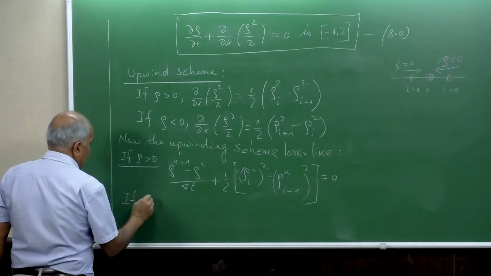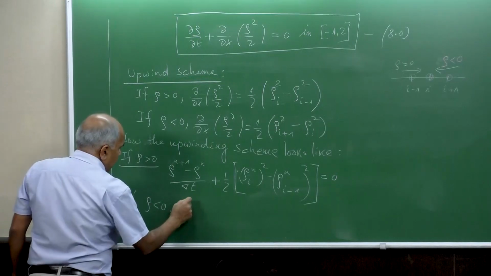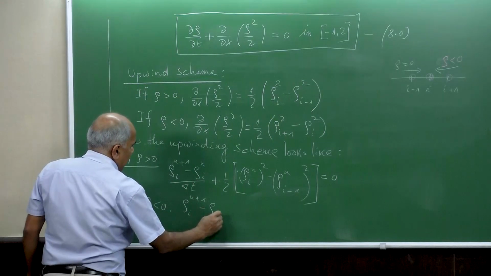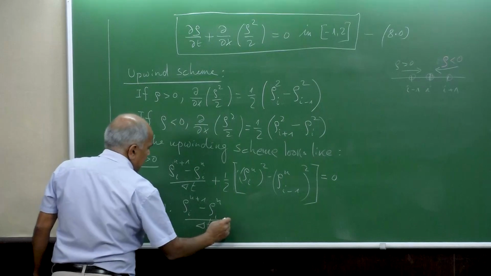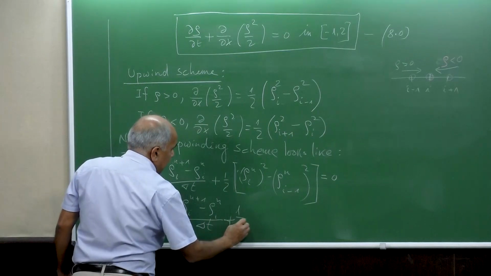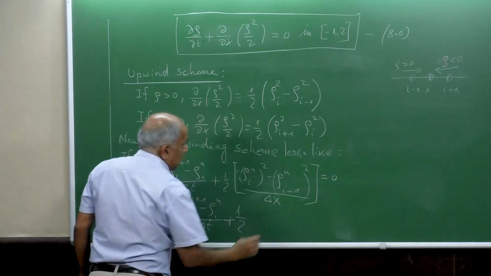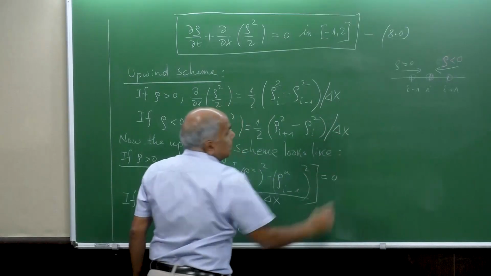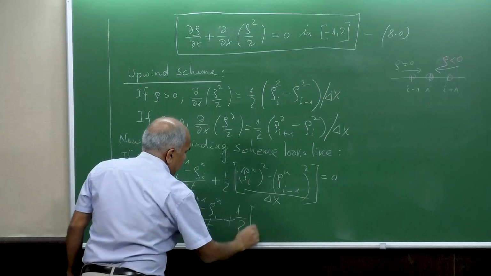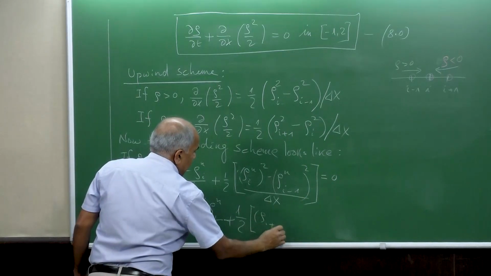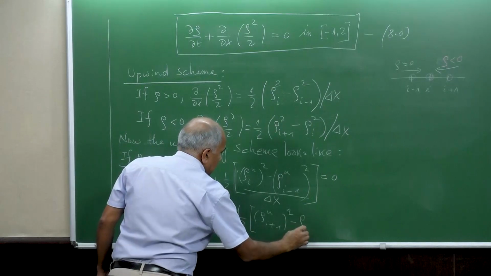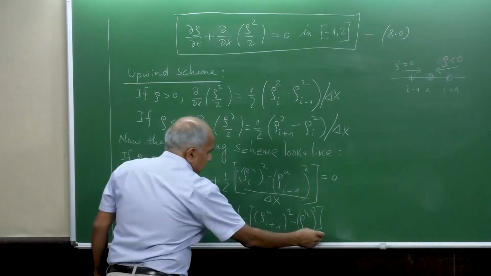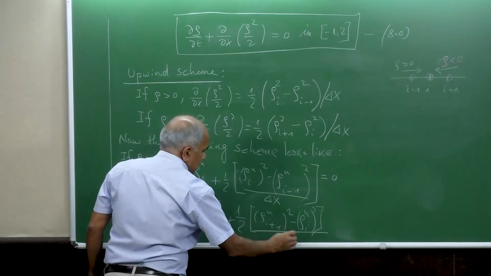If rho is negative, rho of n plus 1, here it should be index I again, rho of I minus rho of I n by delta t, plus half, divided by delta x again, rho of I plus 1 n square minus rho of I n square, divided by delta x.